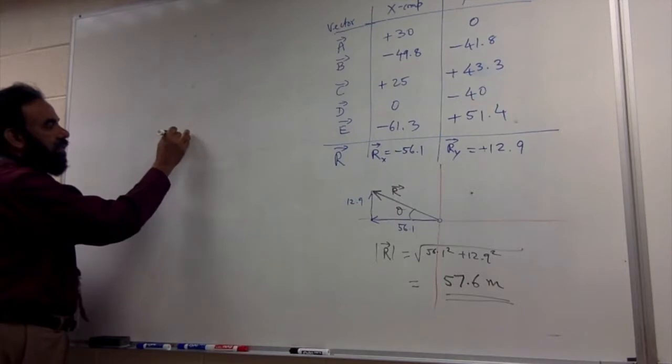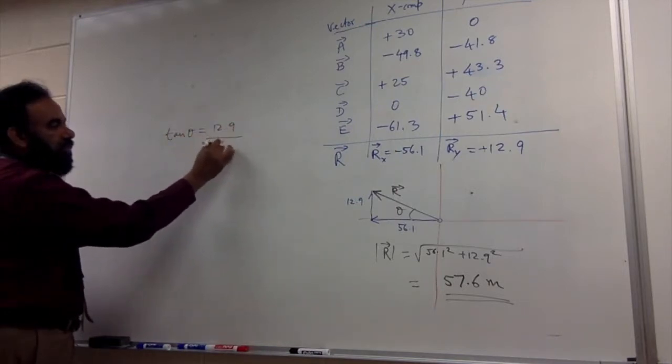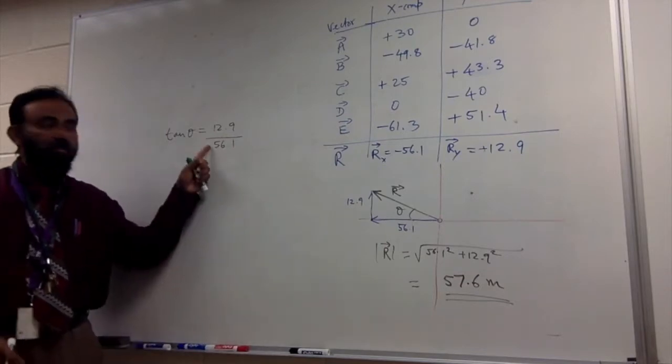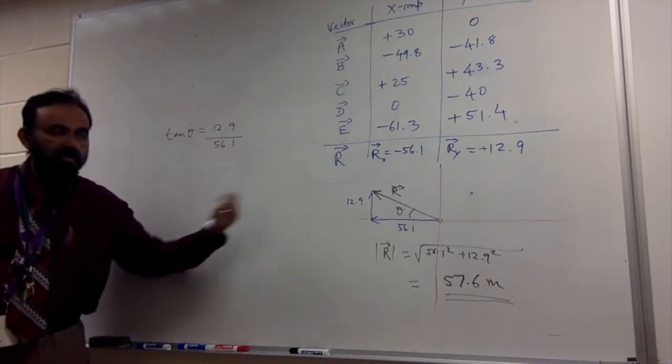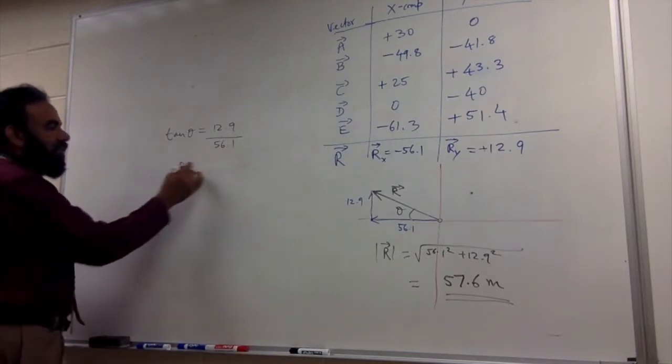Tan of the angle is 12.9 over 56.1. Again, reminding you, never put the minus signs here. You've already drawn it to the right shape, right position. So what is theta equal to?